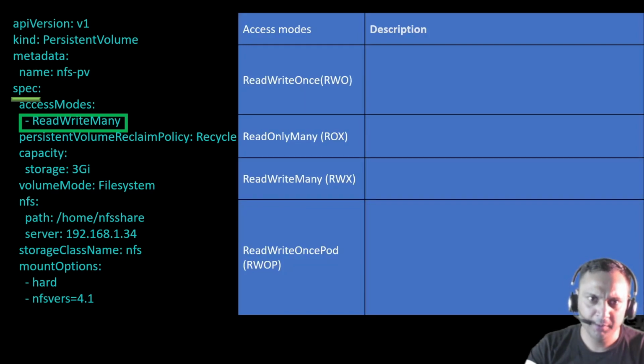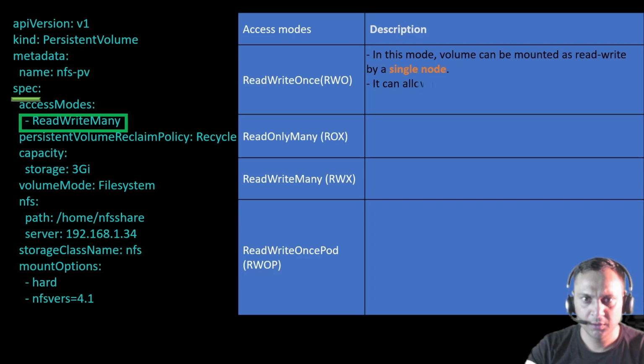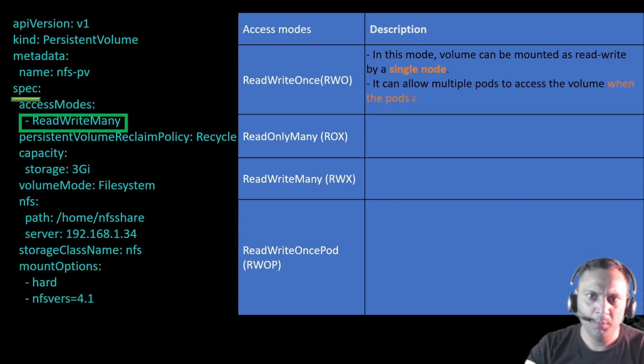Let's explore them. ReadWriteOnce, in short RWO. In this mode, volume can be mounted as read-write by a single node. It can allow multiple pods to access the volume when the pods are running on the same node.